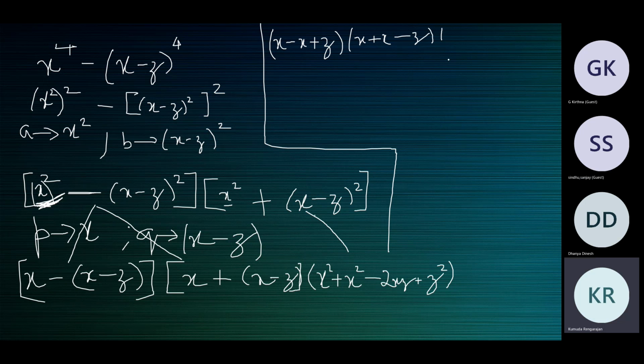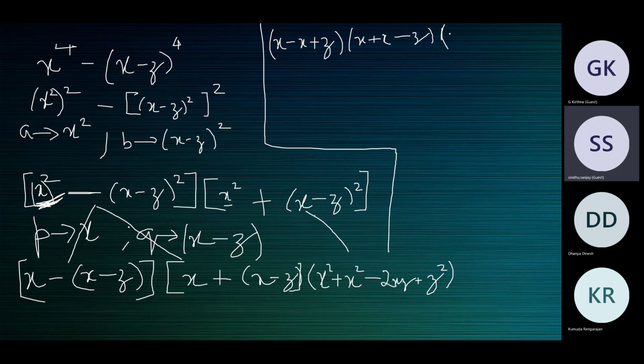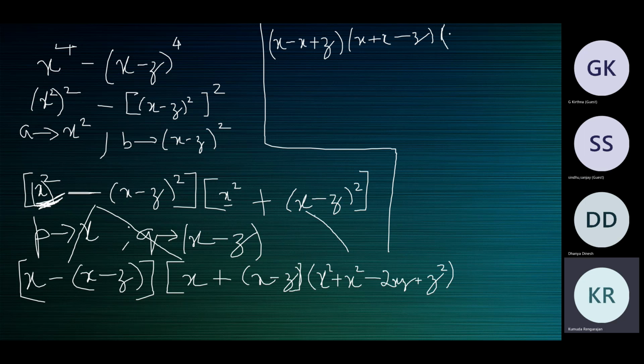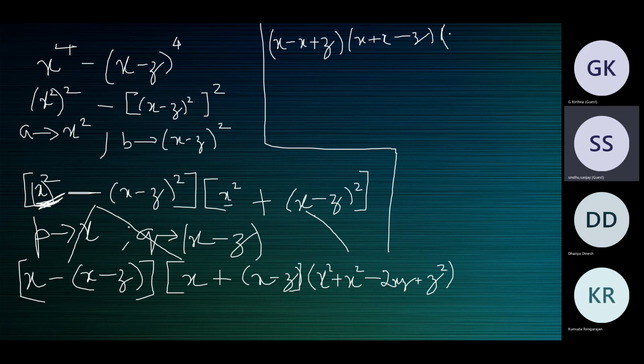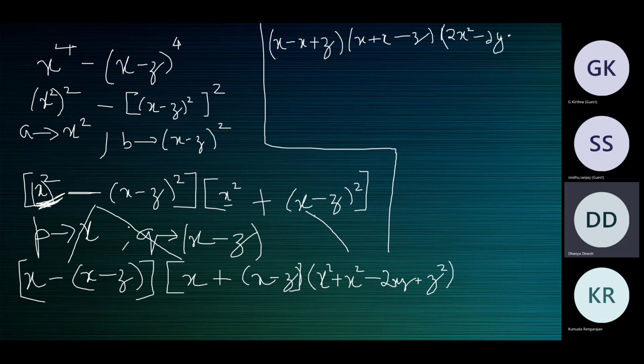And then the last bracket. What is x square plus x square? 2x square, ma'am. Minus 2xz plus z square, ma'am.